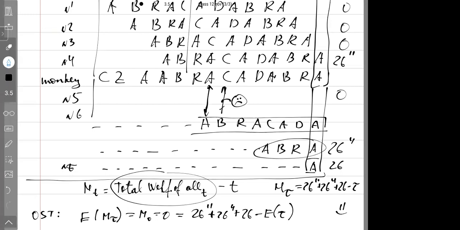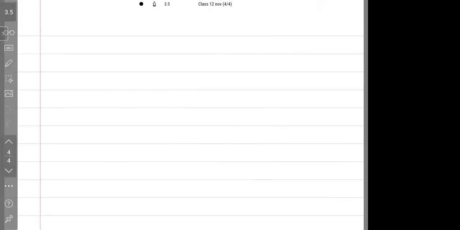So how would you modify this martingale to make it possible to calculate the expected value of tau squared and the variance of tau?